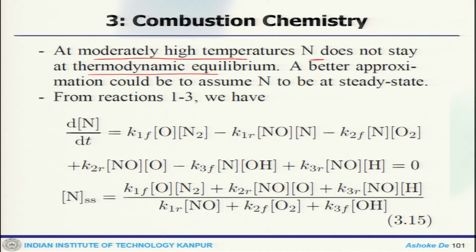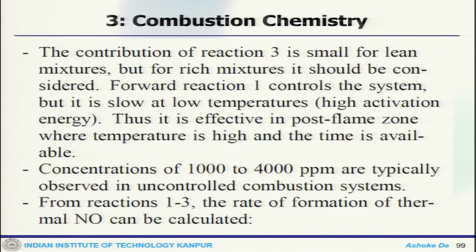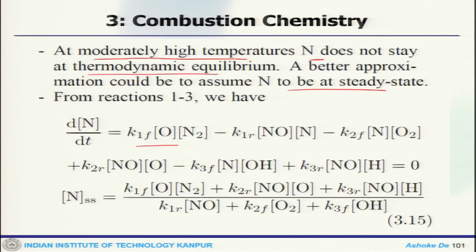So, in that case a better approximation could be to assume N to be at steady state. If that is the situation, then you can write dN/dt, the production rate. This is coming from your forward reaction, and this is what we get from these 3 reactions, where now you are writing for N: first forward, first reverse, second forward, second reverse, third forward, third reverse, and to be in steady state this is equal to 0.